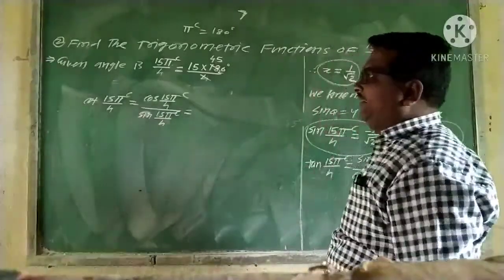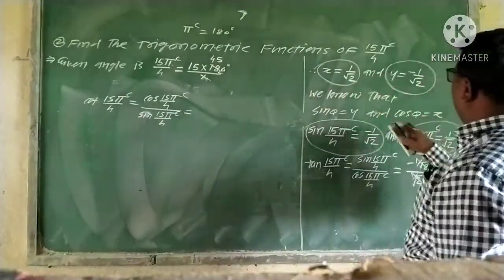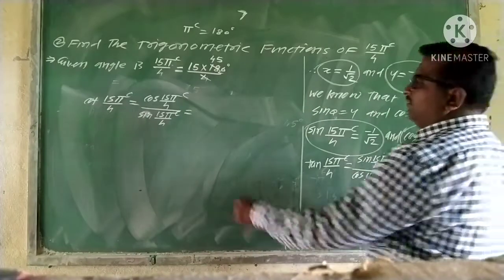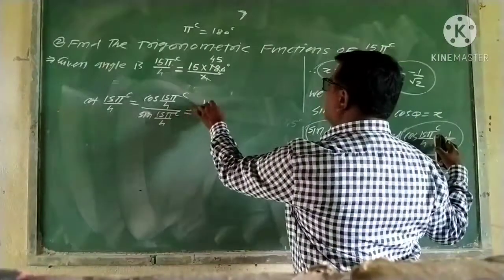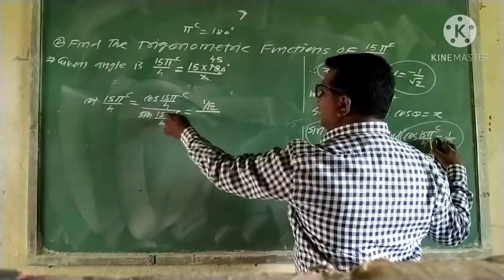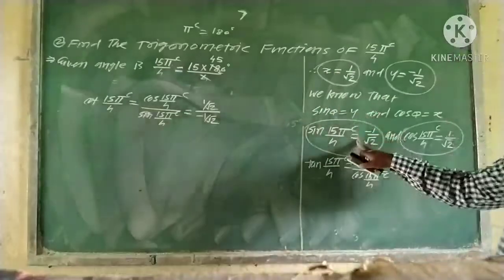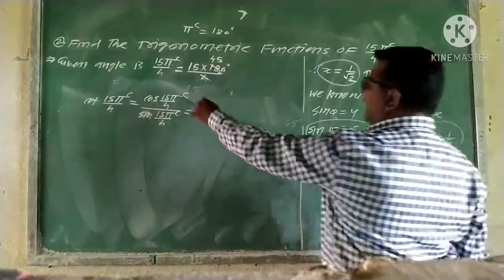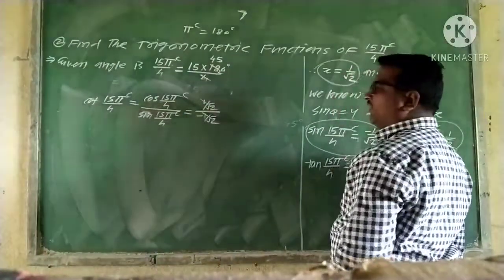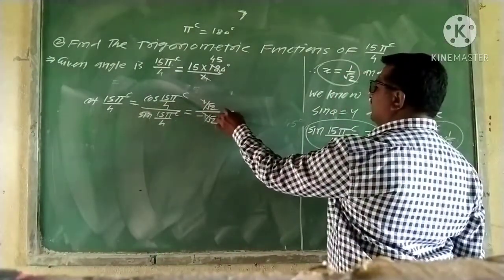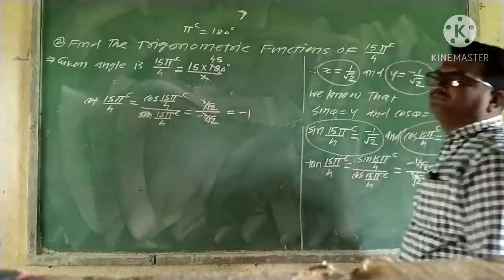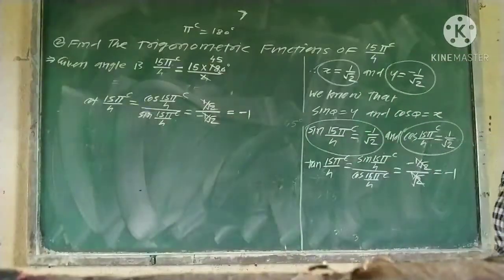Putting in the values, 1 upon square root 2 divided by minus 1 upon square root 2, the terms cancel, remaining only minus 1.